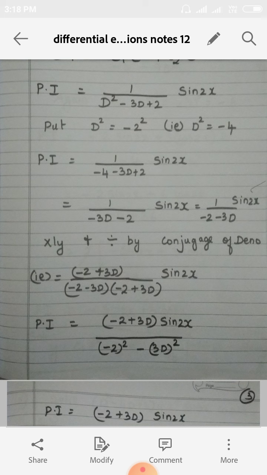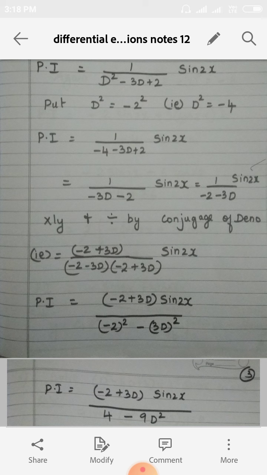We get minus 2 plus 3D divided by minus 2 minus 3D into minus 2 plus 3D into sine 2x. Clear, girls? We have to multiply and divide by the conjugate of the denominator. The denominator is minus 2 minus 3D. When we apply the conjugate, we apply it only in the place of D, that is, in the place of the derivative.